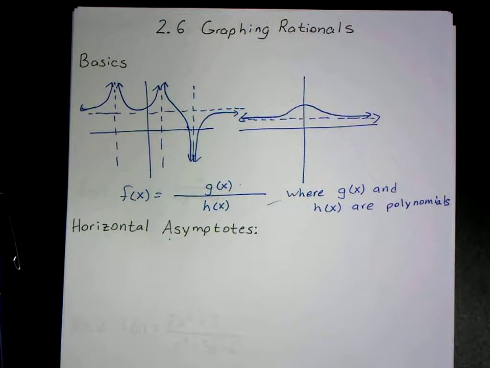So that's what we're talking about with rational functions. F of x, where it's made up of two polynomials, where one polynomial is dividing the other polynomial. And we get all kinds of bizarre graphs.